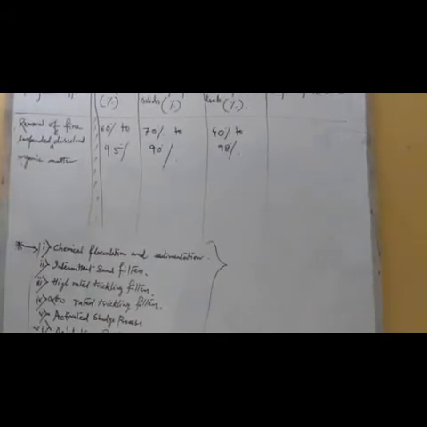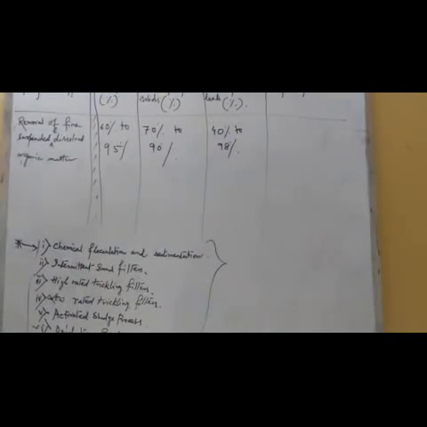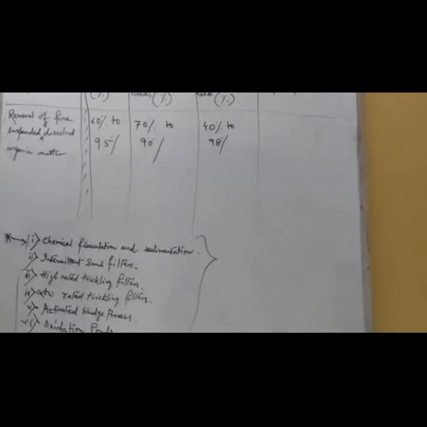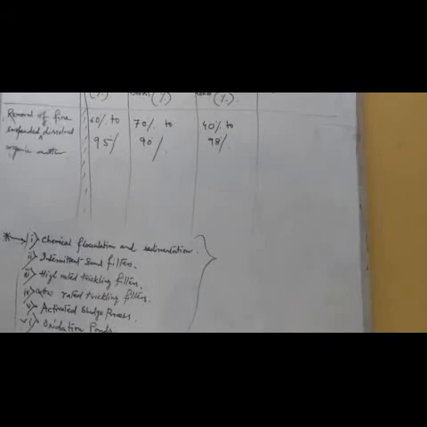Now, what are the disposal of residuals? In disposal of residuals, there is sludge. So this sludge containing organic matters has to be stabilized in digestion tank before use as a manure or soil builder.